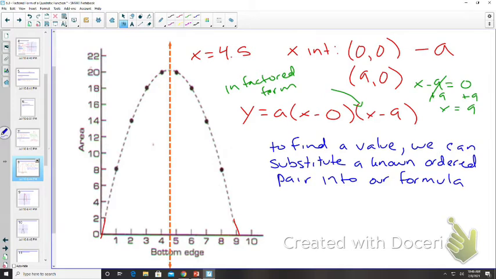Okay, so what is a good ordered pair we could use here? I want this guy right here. 1 and 8. So I will substitute in 1 for x and 8 for y.